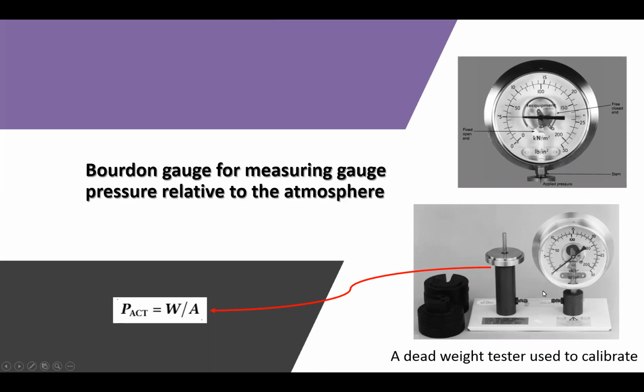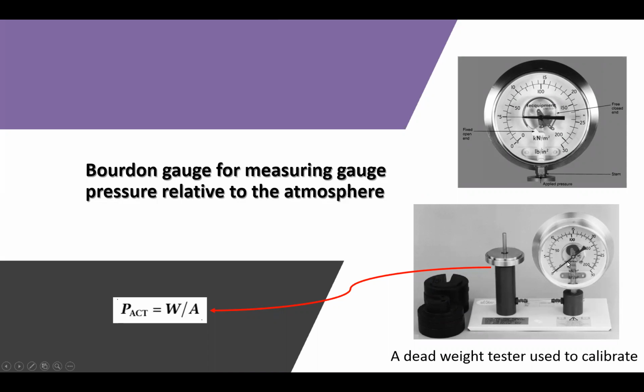Something very important is that once you have the Bourdon gauge, you need to calibrate it. There is a tool for that: a dead weight tester, using standard weights that we know.